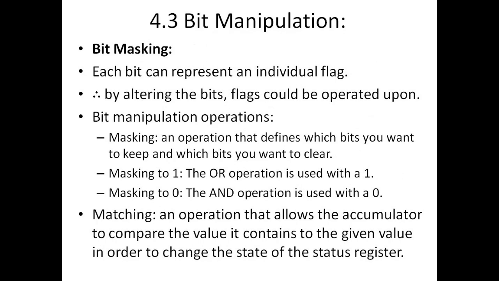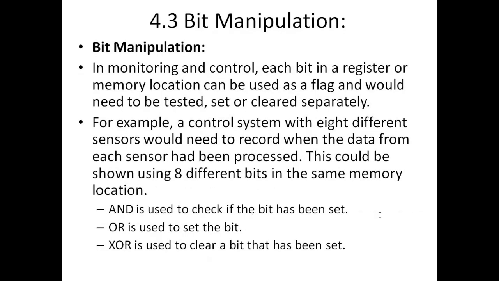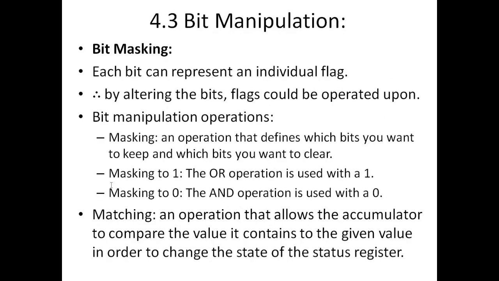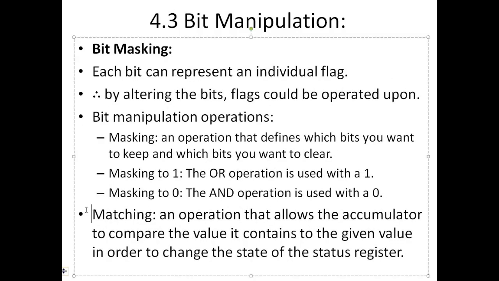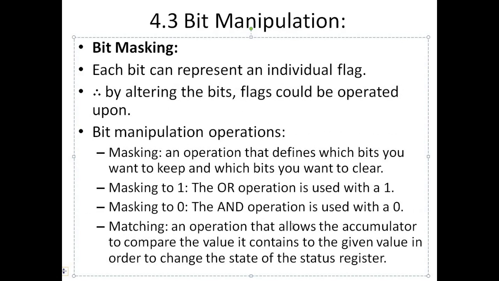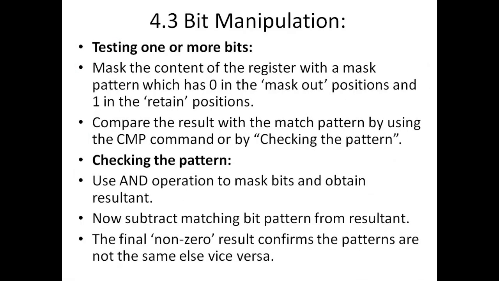Masking to 0 means using an AND operation with a 0 in order to check whether the bit has been set or not. Matching or comparing, an operation that allows the accumulator to compare the value it contains to the given value in order to change the state of the status register.